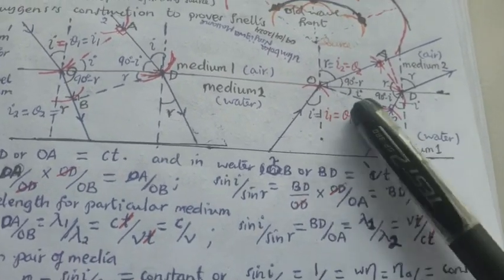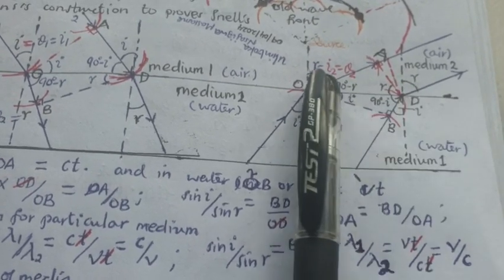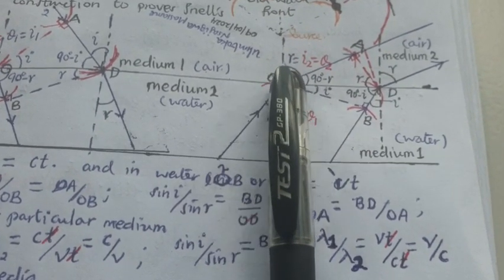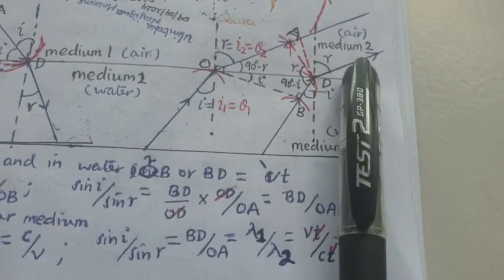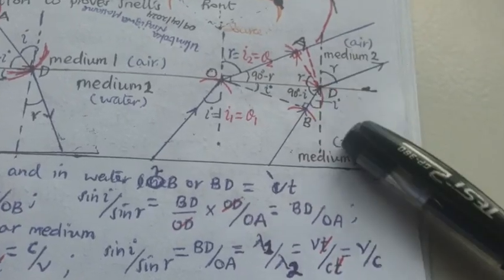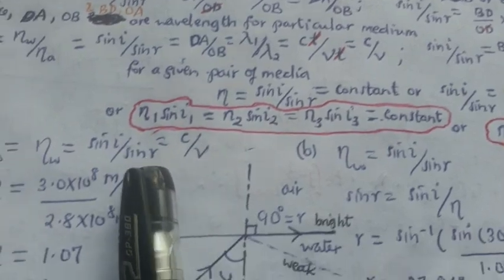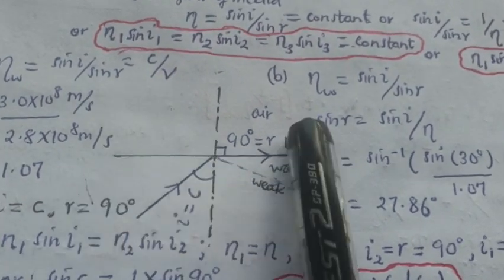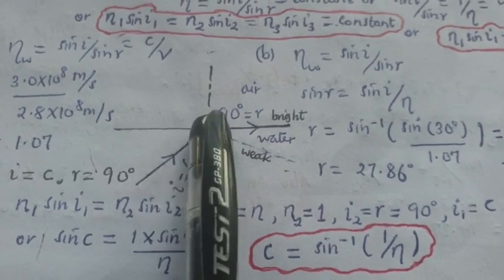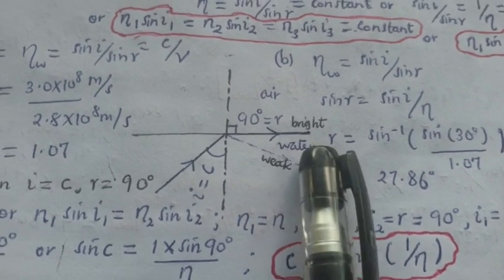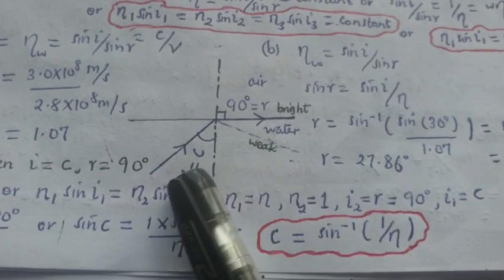Hence the refracted angle increases until it is 90 degrees, and the refracted ray is on the surface of the boundary between medium 1 and medium 2. At that time, as we draw here, this is 90 degrees, and this is very bright, and a weak ray is also seen below, within the dense media.